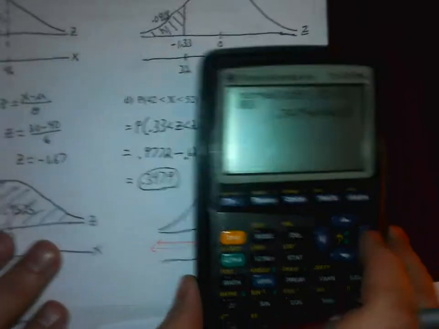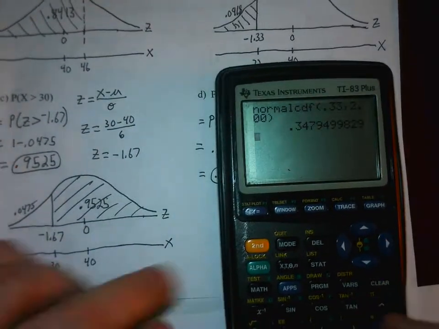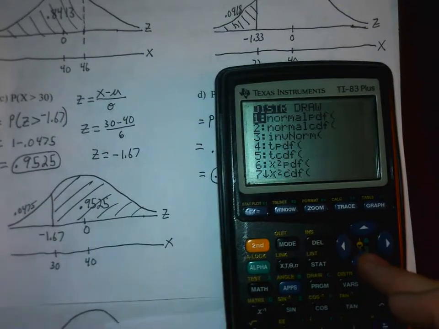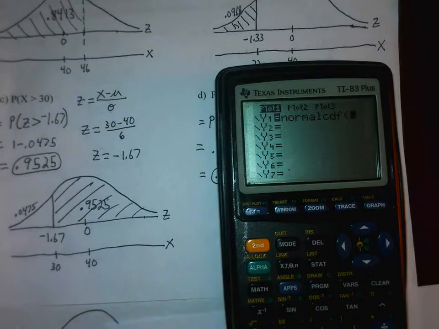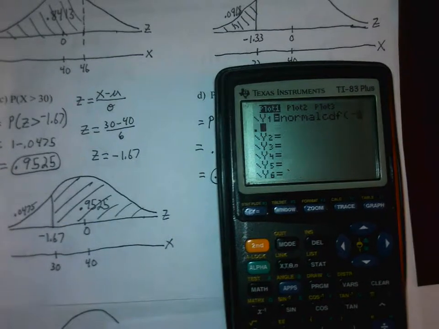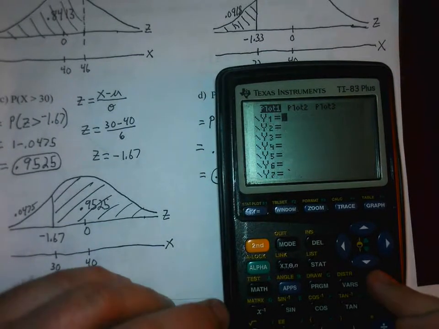Now, just to show you on that part C to do that, again, you do normal CDF. Now the lower z-score is negative 1.67. And the upper z-score, oops, I'm in y equals for some reason, sorry.